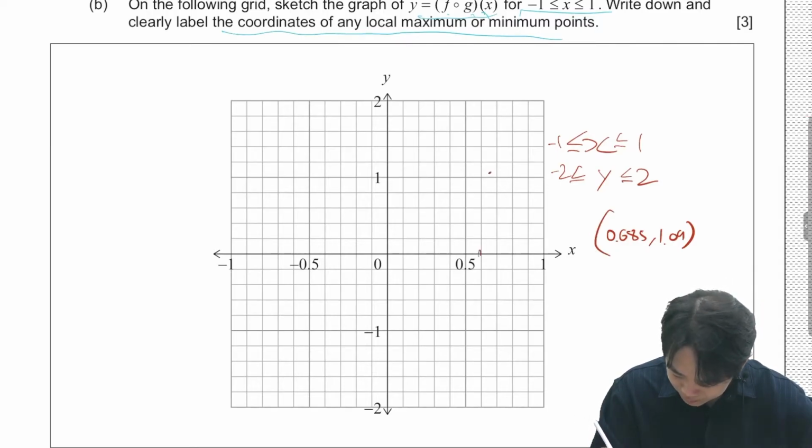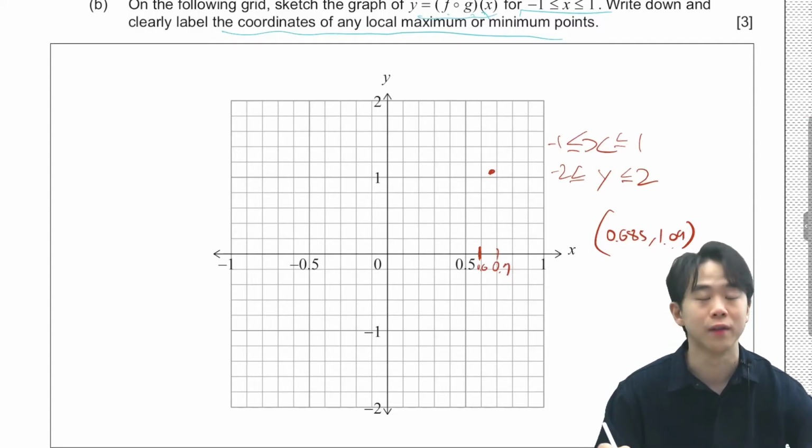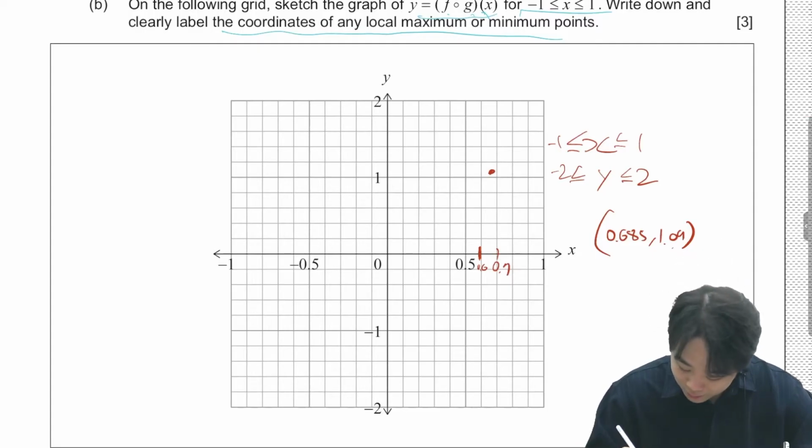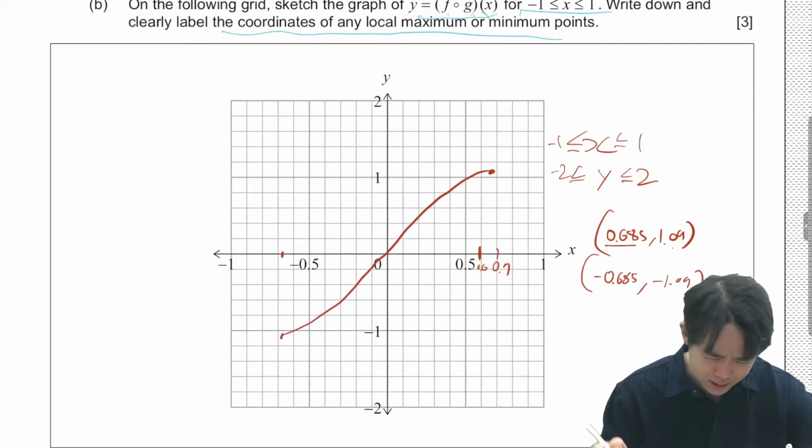So this is 0.6, 0.7, so 0.685 is going to be somewhere around here. The y point is going to be slightly above the 1, right? And then we have negative 0.685 and negative 1.09, so it's slightly below the -1 mark, somewhere around here. And then we can trace our curve as going somewhere like that.